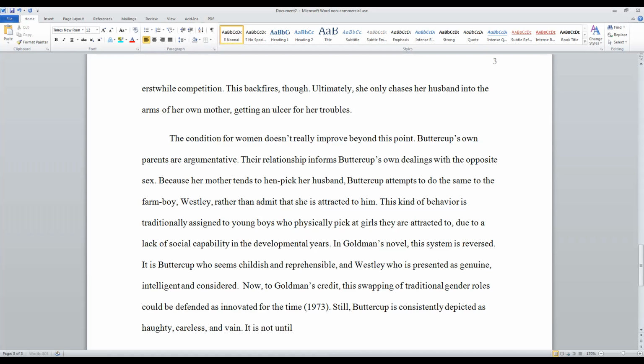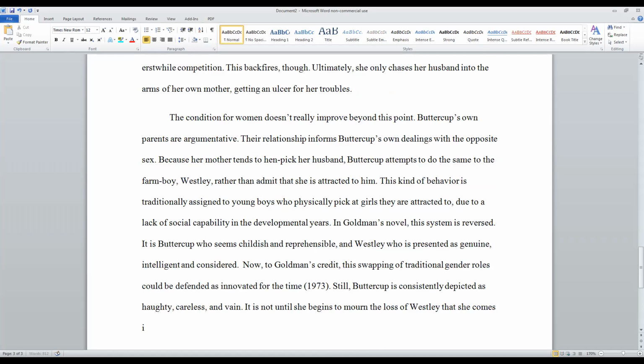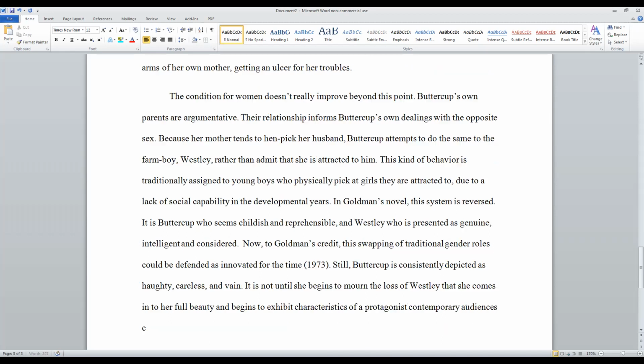It is not until she begins to mourn the loss of Wesley that she comes into her full beauty and begins to exhibit characteristics of a protagonist contemporary audiences can feel comfortable with or can relate to.